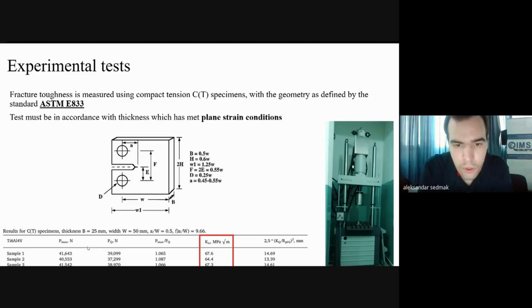Then to assess parameters of fatigue, we use a CT type specimen according to standard ASTM E399.